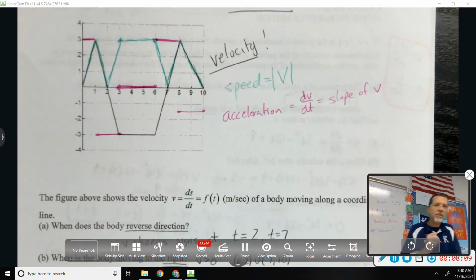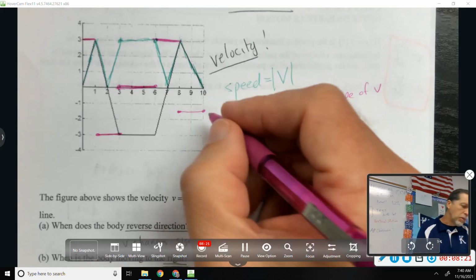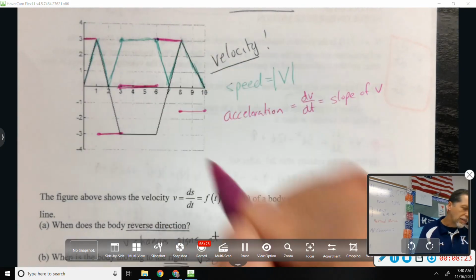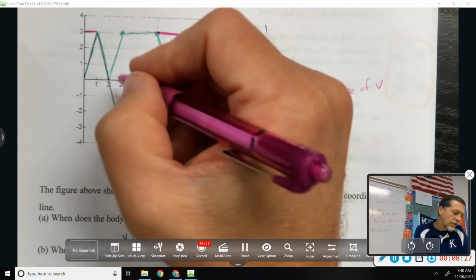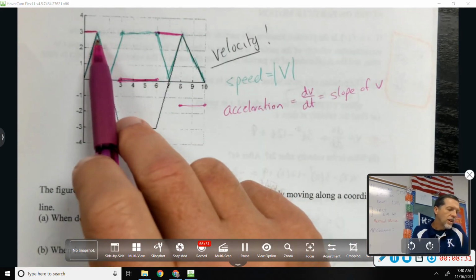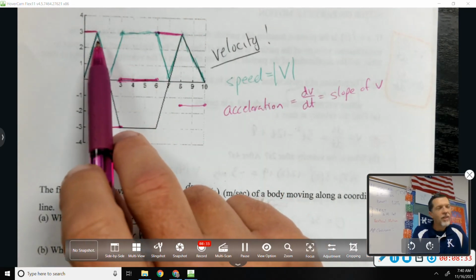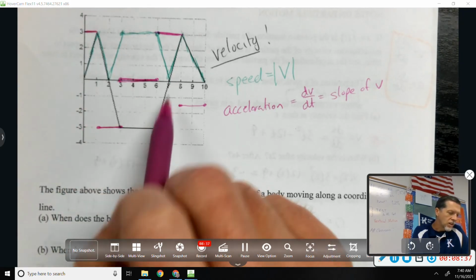So there's our acceleration. I guess officially those should be open circles at the end, but that's pretty minor on all of those acceleration graphs, because the slope of a cusp isn't defined, so there's not an acceleration at all those cuspy points.